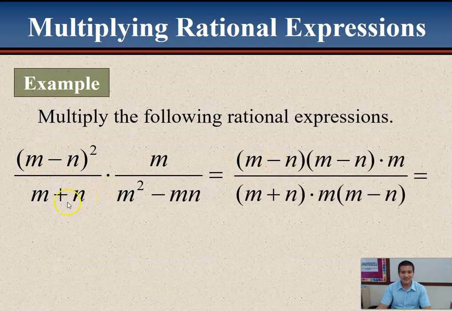And then the second one here, m squared minus mn, the common factor is m. Take out m, and then we will have m minus n. So here we have m over m is 1. m minus n over m minus n is 1. So therefore your answer will give you m minus n over m plus n.